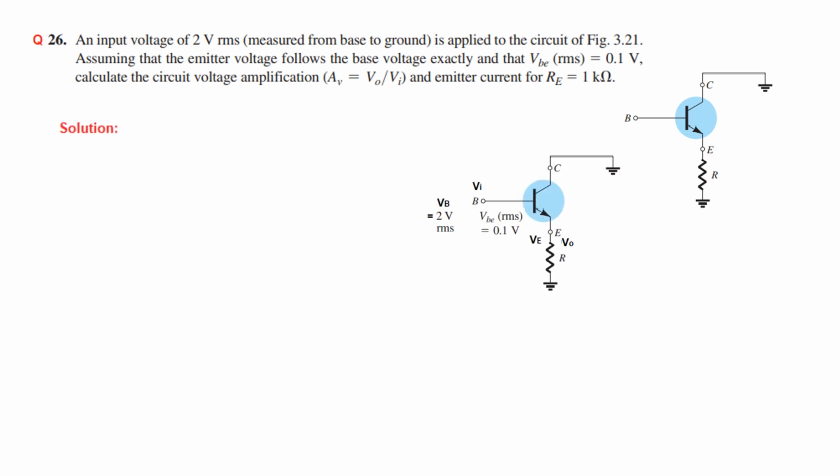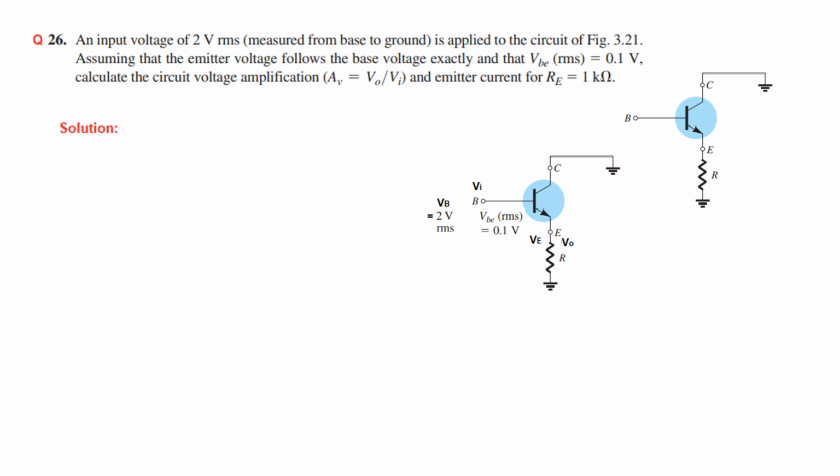Okay, so let's first of all redraw the circuit by incorporating some of the data that has been given. This VB is 2 volt RMS, and when we say VB, it means it is referred to ground. This terminal is also called the input terminal, so VB is equal to VI. VBE, the voltage between base and emitter, is 0.1 volt RMS.